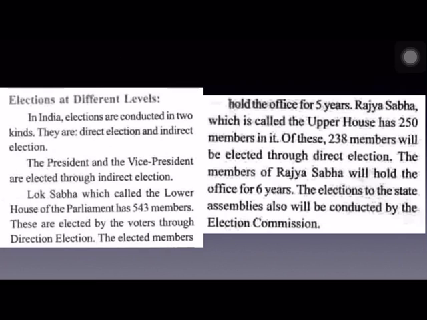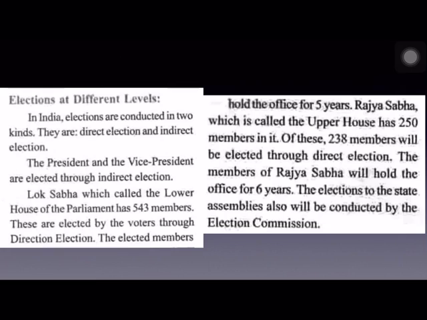And Rajya Sabha is called the upper house, and it has 250 members. Of these 250 members, 238 members are elected through indirect elections. The members of Rajya Sabha hold the office for 6 years. And the elections to the state assemblies also will be conducted by the election commission only.